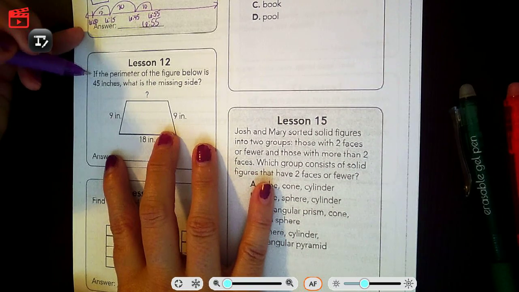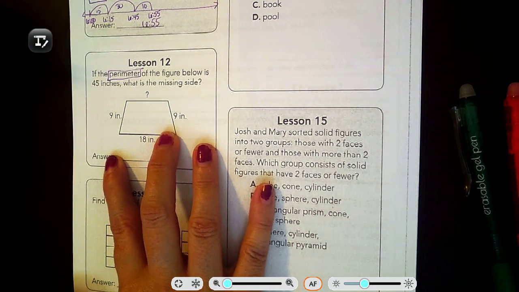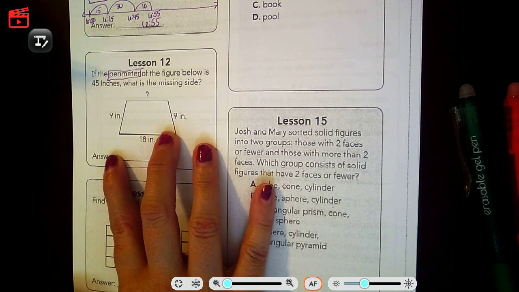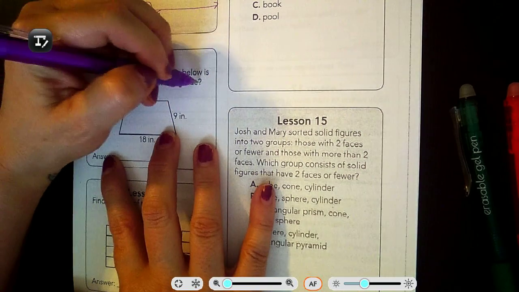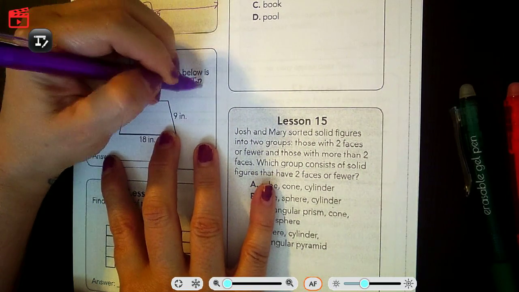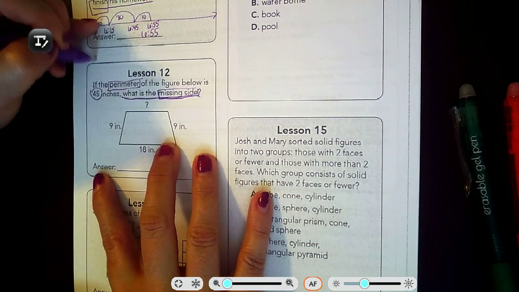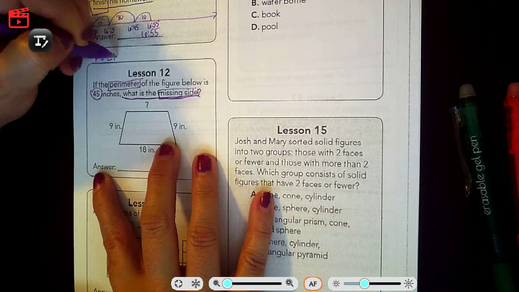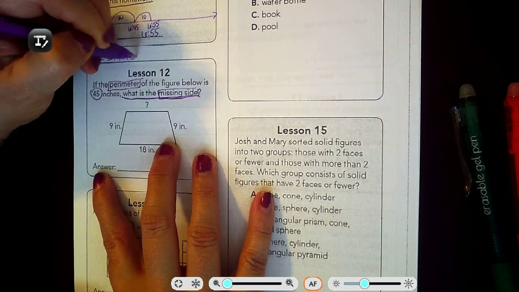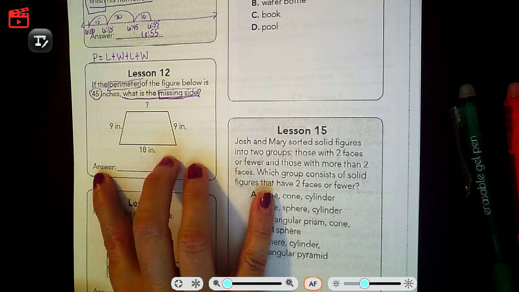Lesson 12. We're looking at perimeter of the figure below is 45 inches, what is the missing side? Okay, well remember friends, we know perimeter equals length plus width plus length plus width, and we can keep going on if it has more sides.